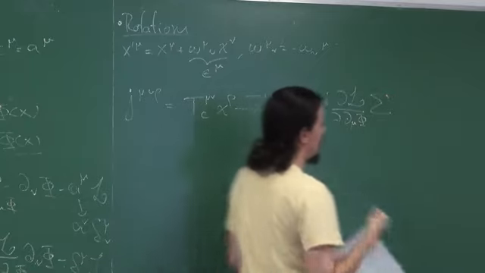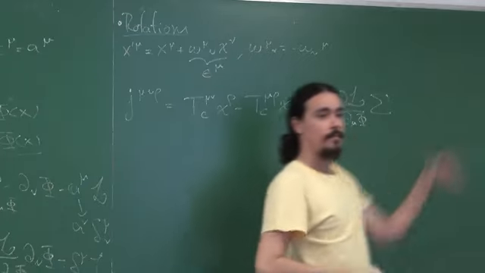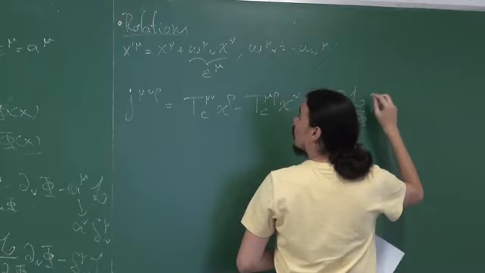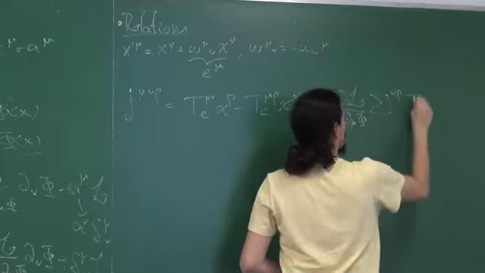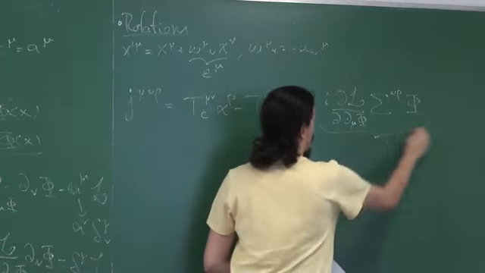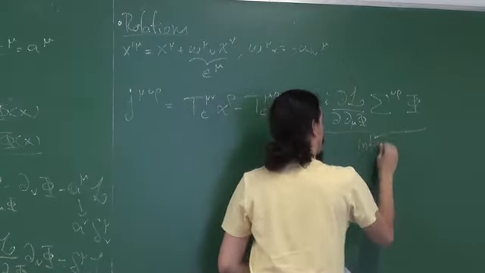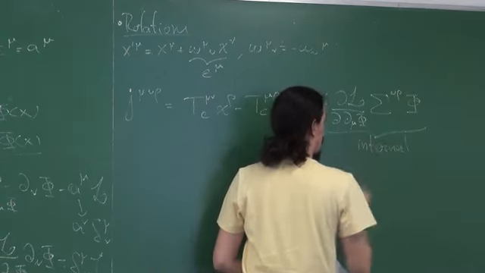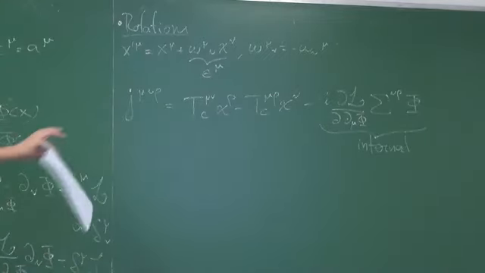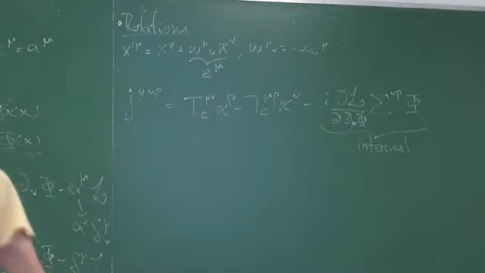This capital sigma, of course, are the generators. So this is the conserved current associated to rotations.